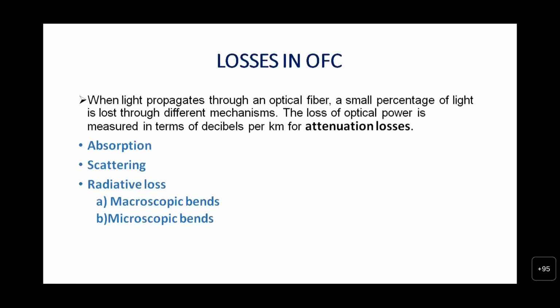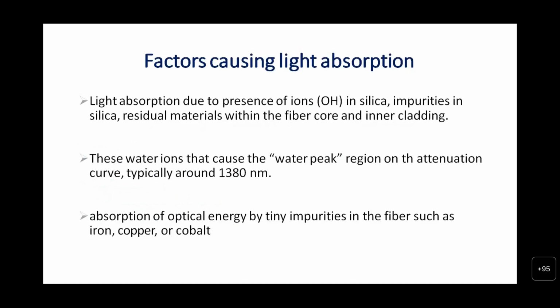The losses in OFC are due to absorption loss due to impurity, scattering, and radiative losses, that is microscopic bends and macroscopic bends. The factors causing the light absorption are impurities, presence of ions in silica, and residual materials within the fibers and inner cladding.